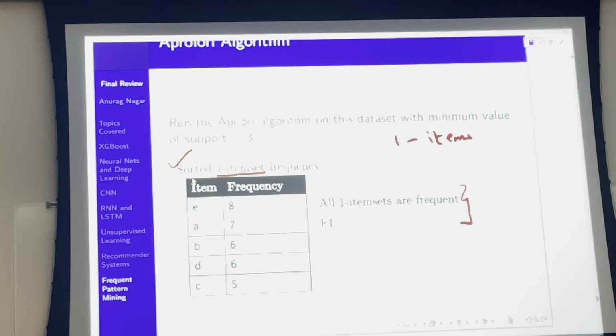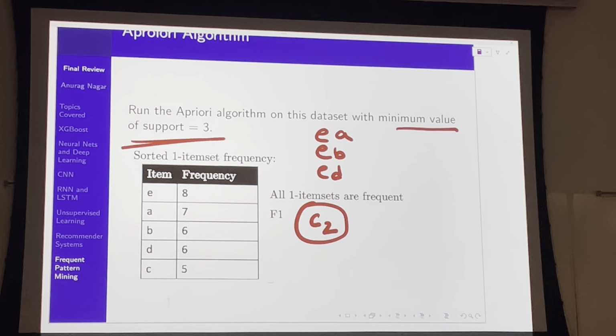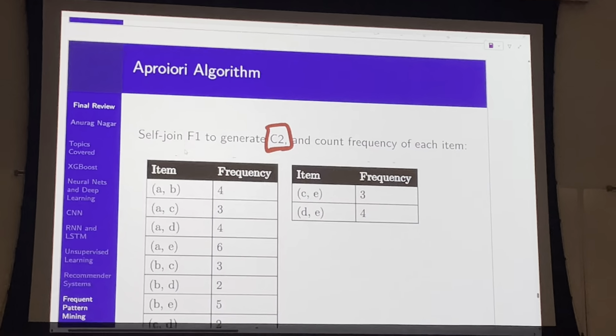Just because something is a candidate does not mean it is frequent. You actually write it down and then you get rid of anything that is less than support 3, because my minimum support is 3. So you need to get rid of anything that is not frequent. Which is something you can prune? This is something I can prune. This is something I can prune.